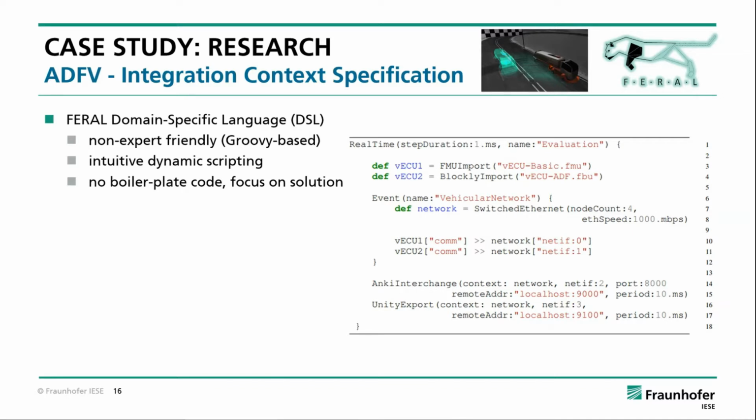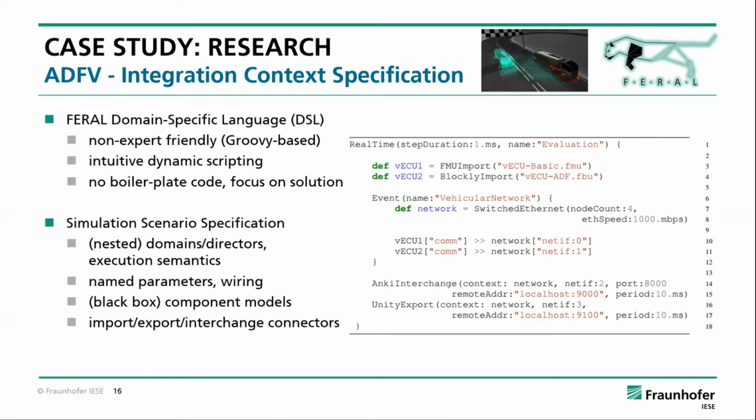And for the engineers that really want to have full control of all components, that's then the choice, basically the domain-specific language for the simulation scenario of that platform. So you were able to connect components, parameterize components, import and exchange connectors, and replace components. That was easily possible with that.